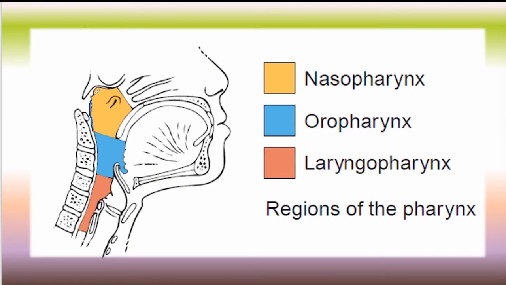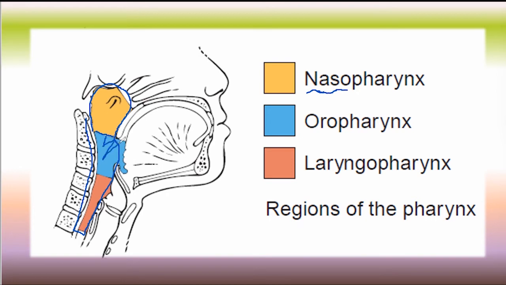All these parts we call pharynx. But the pharynx is also separated into three parts. Mainly, behind the nose, like the yellow color here, we call nasopharynx.